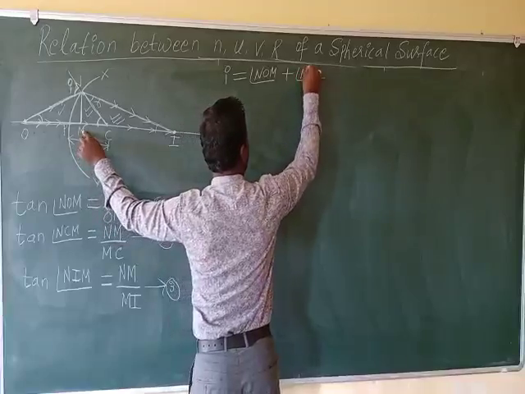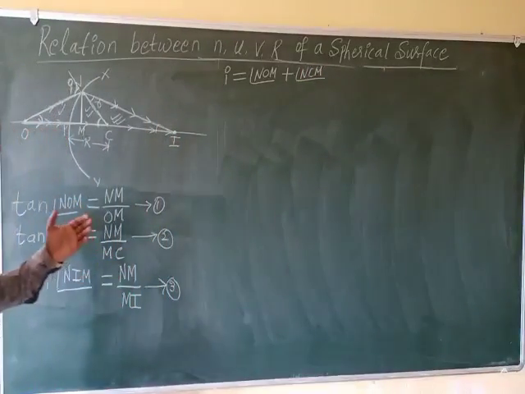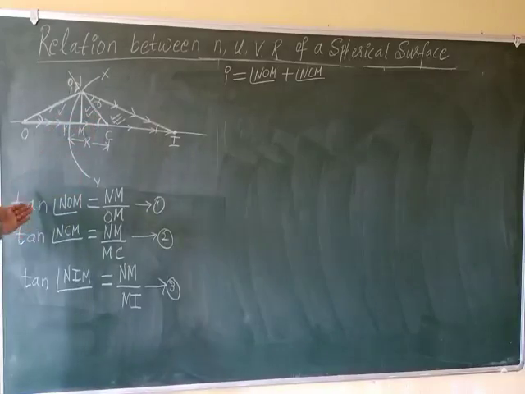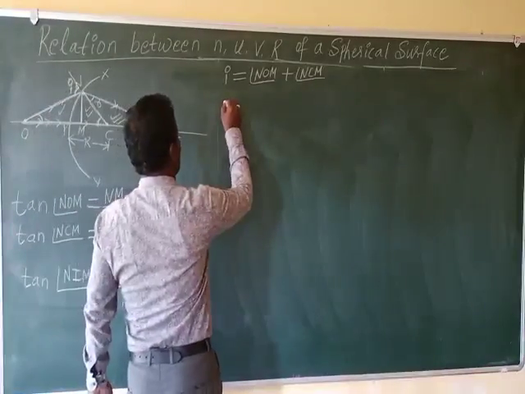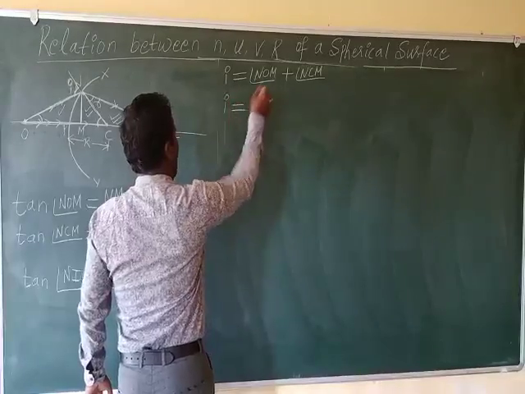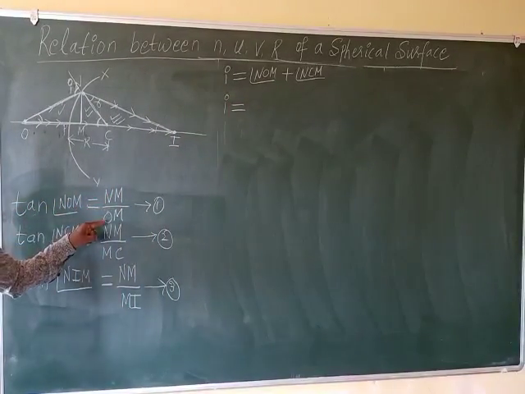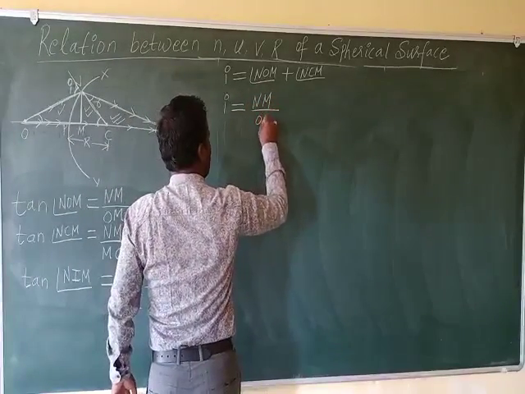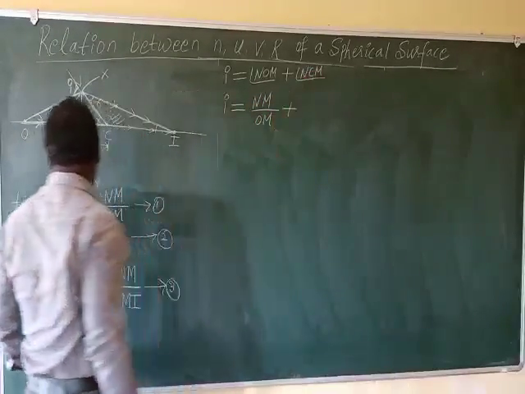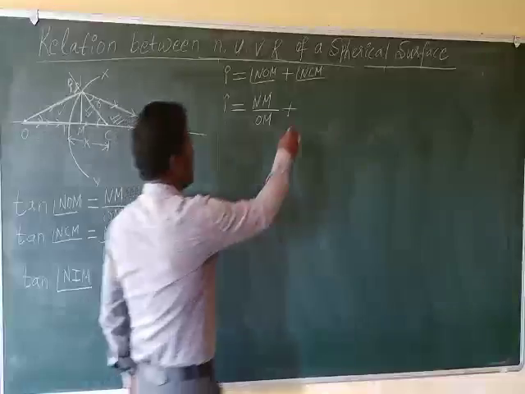Tan of NOM is NM by OM, plus angle NCM, equation number 2, NM by MC.